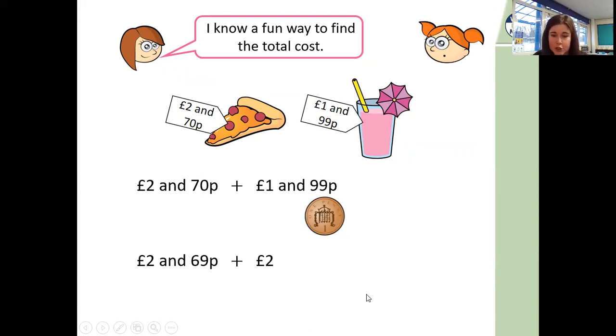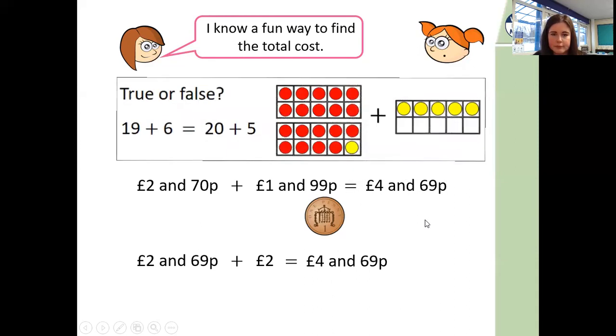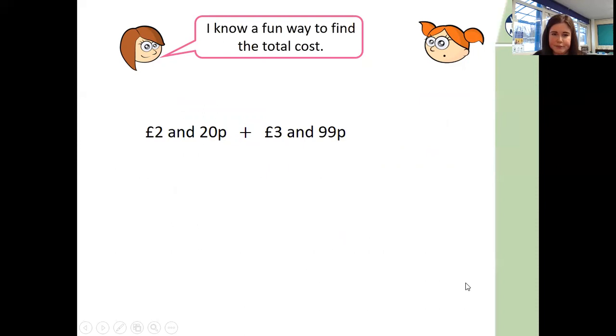That is so much easier to do in our heads. We have got £4 and 69p. Both calculations give us the same answer, but the bottom one was much simpler to do. And it links back to where we took a 1 from the 6 to make it 20 and 5.